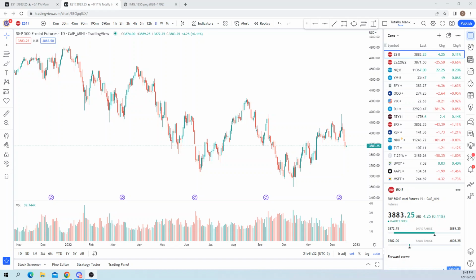Okay, so the original orders were set on November 14th. This trade did not trigger until December 13th. So as you guys could see, in this case, a little less than a month, the orders were sitting there.